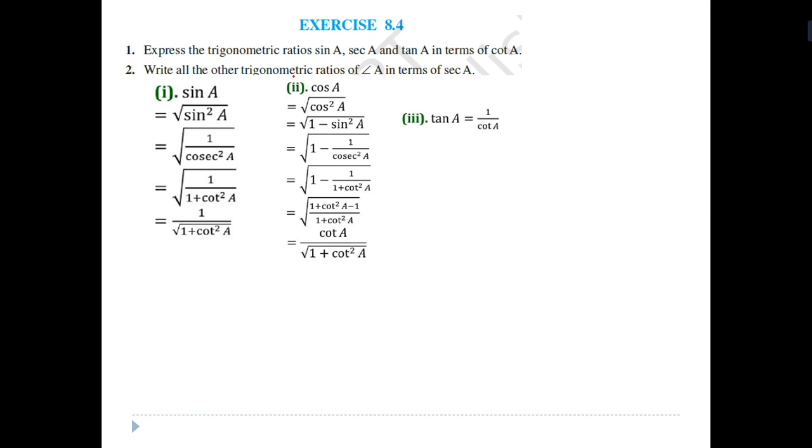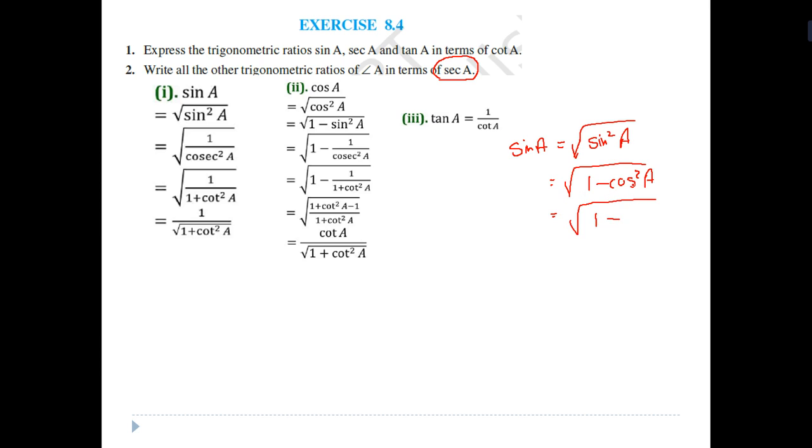Now write all the other trigonometric ratios in terms of sec A. So I want to convert everything into sec. Again, the same thing we can do. Sin A, I am writing here, is under root sin square A. Now I write 1 minus cos square A. Why am I writing 1 minus cos square A?